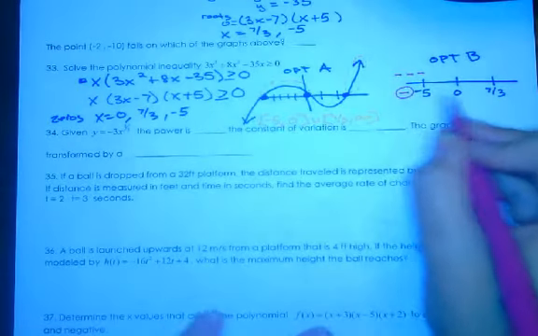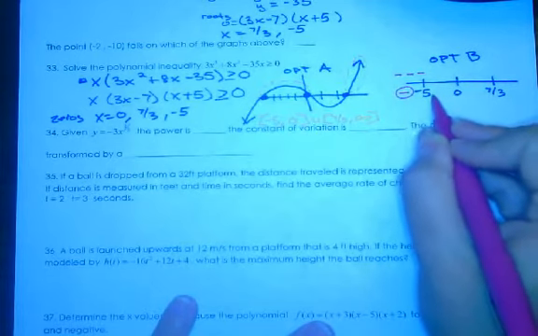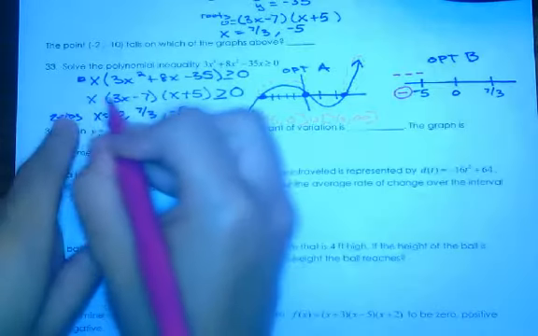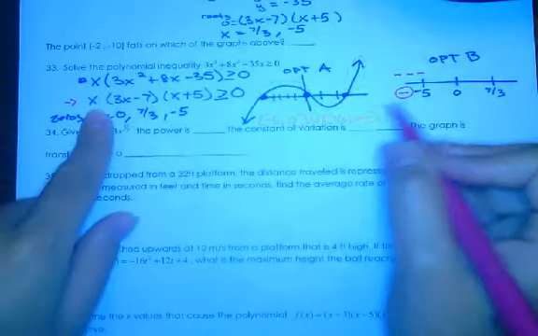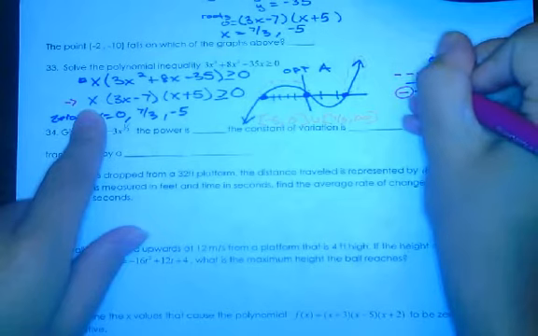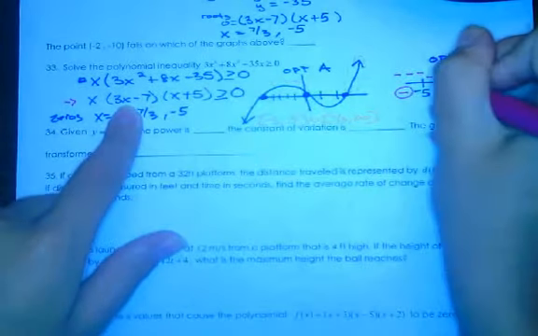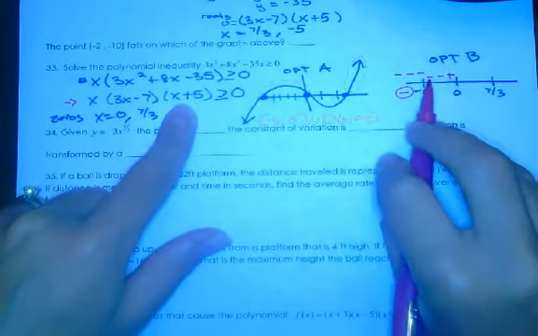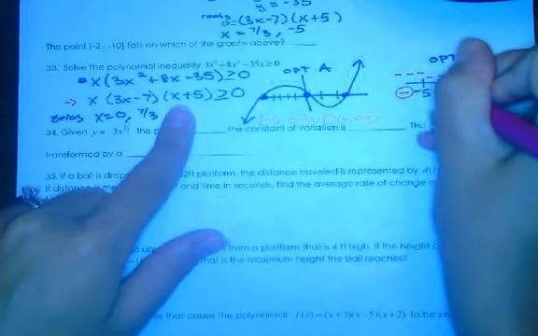Then you have to plug in a piece in between -5 and 0, so like -1 or -2, okay? So if you plug in a -1, and again, you're going right here, this is the part you're plugging it into, that line. So if you plug in a -1 there, this piece is negative. If you plug in a -1 there, you get negative. But if you plug in a -1 there, it's a positive. So you're really taking a negative times a negative times a positive, which is an overall positive.